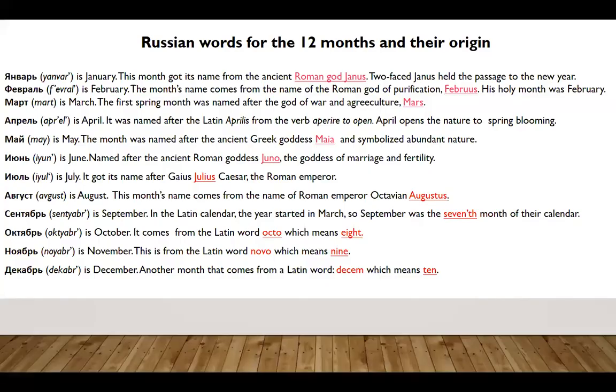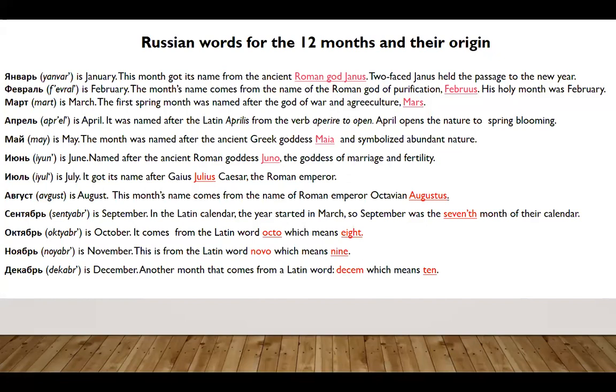Before we start talking about dates, we need to know the names of the months. These are Russian words for the 12 months and their origin. You can notice that names sound pretty similar in English and in Russian. That's because they came from the same source, either from Latin or from Greek.